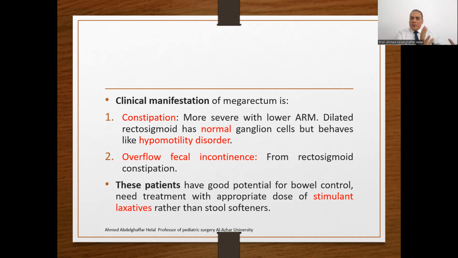This dilated rectal reservoir will have normal ganglia, unlike Hirschsprung disease, but behave like a hypomotility disorder. And on and off, there may be overflow fecal incontinence.